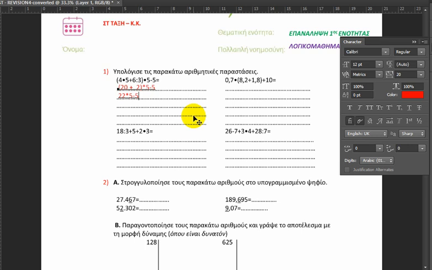The multiplication goes first, and I should be writing equal signs. 22 times 5 makes 110, minus 5 makes 105 is the final answer. Next up, 0.7 times 8.2 plus 1.8 makes 10.